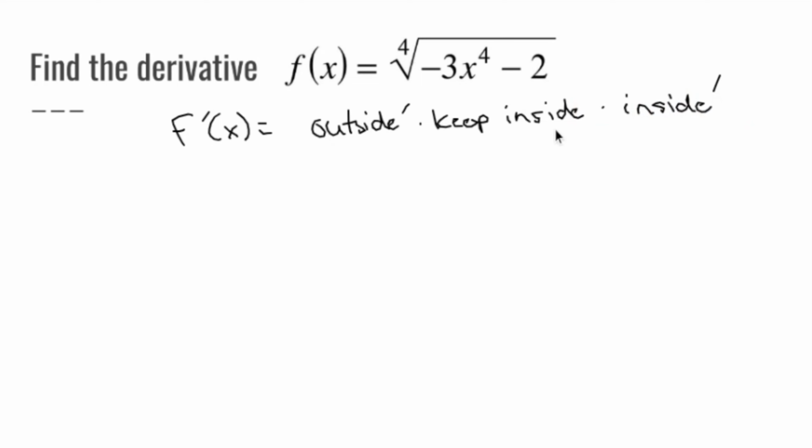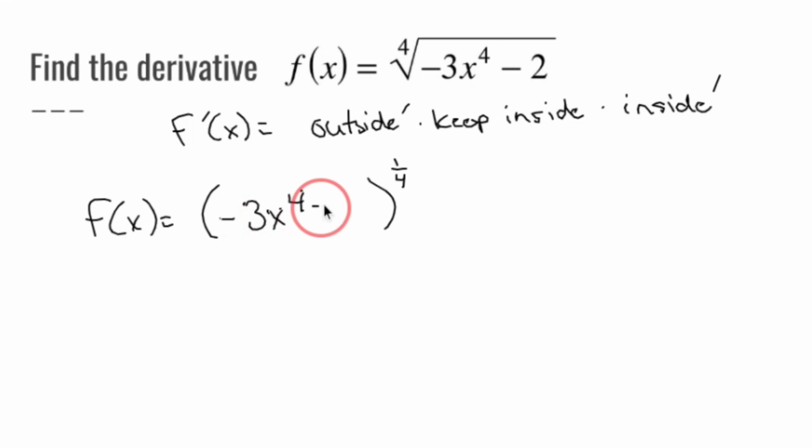So first off, before I can even think about doing this, I need to rewrite it. F of x equals, instead of the fourth root, I'm going to turn that into the 1/4 power. So there's my outside stuff. My inside stuff is negative 3x to the fourth minus 2.